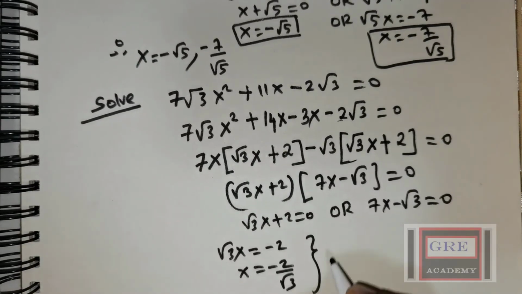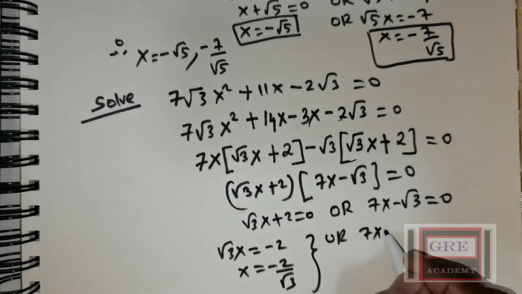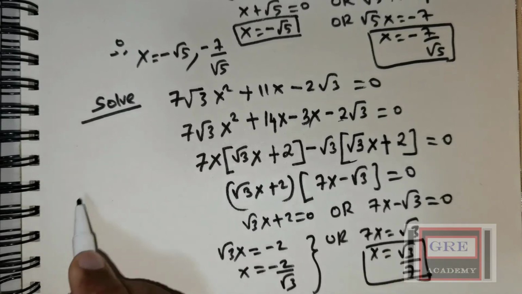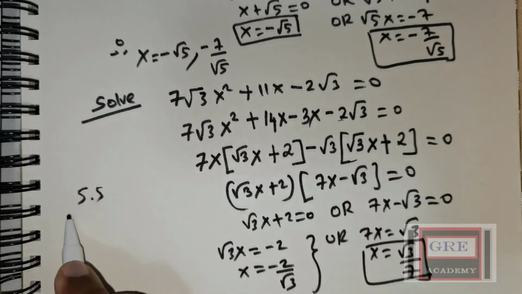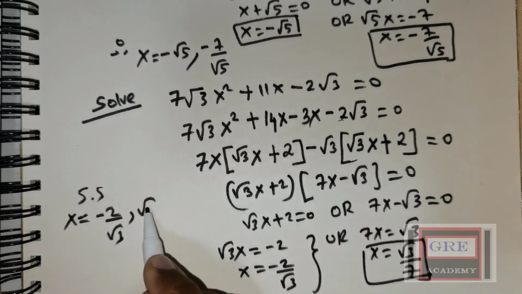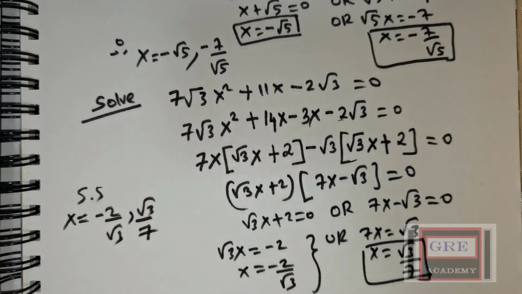This is a solution. Or 7x is equal to root 3 and x is equal to root 3 divided by 7. So this is another solution. Therefore the solution set, or the values of x, would be negative 2 over root 3, comma, root 3 over 7. So that completes the solution for this question.